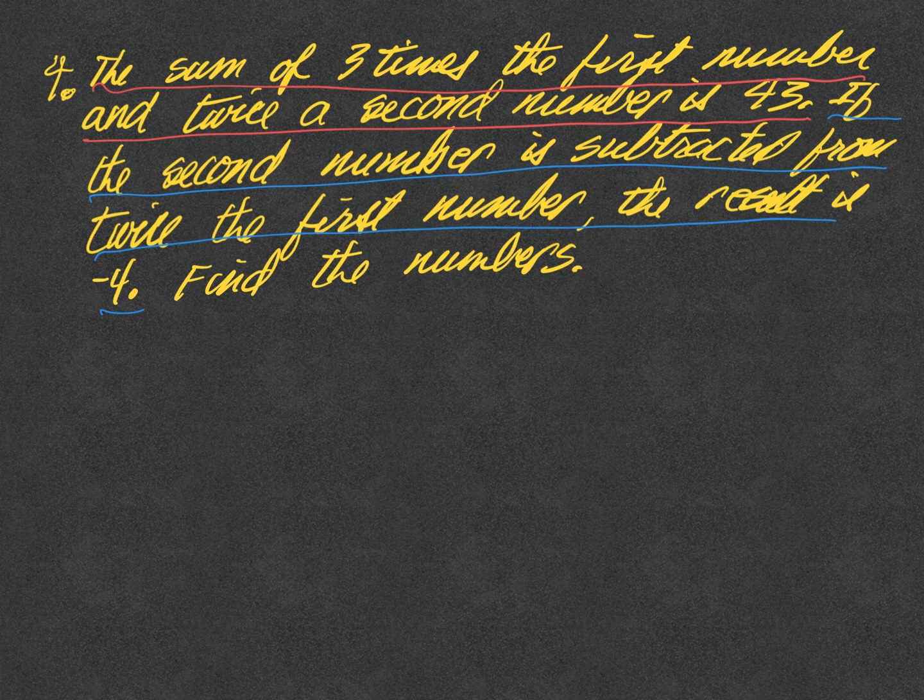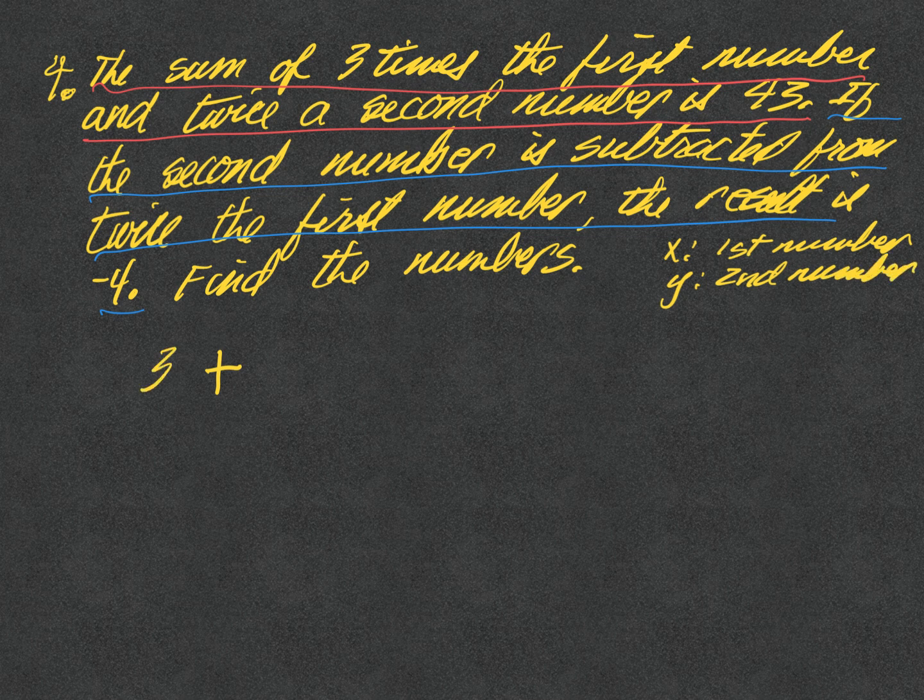So let's do that, all right? So it says the sum, so I'm going to add sum of what? 3 times the first number. So let me say x is the first number. And let me say y is the second number. And then that'll keep them in order, all right?